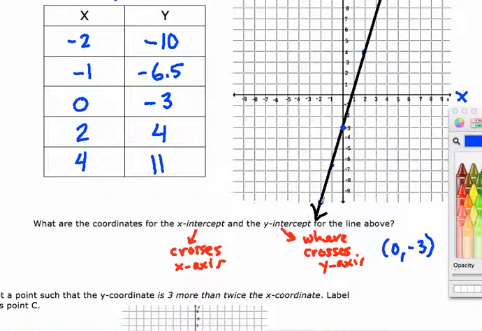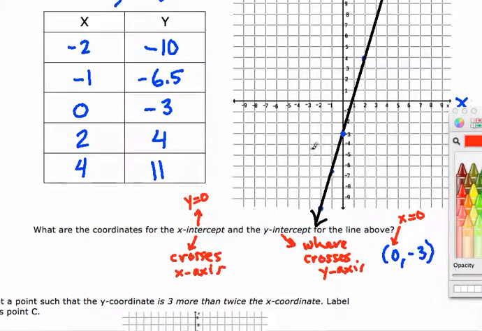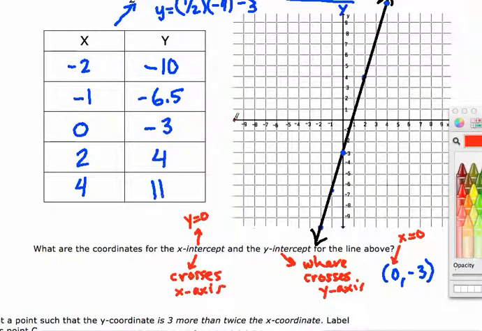Now something that you want to note about all y-intercepts is your x value must be 0. And when we're trying to find where it crosses the x-axis, similarly, y must be 0. Because if we look up here, any point that you choose along this line, y is going to be 0.